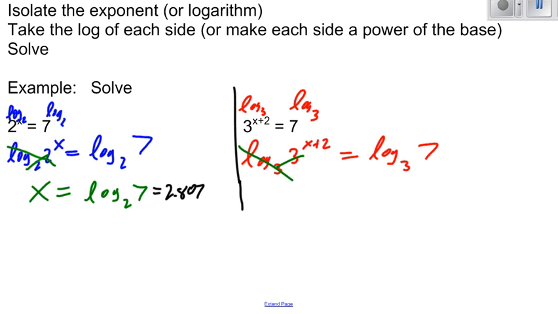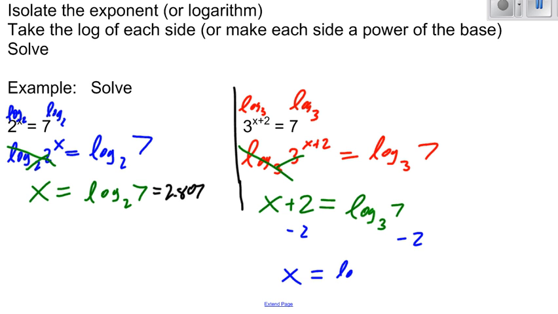Log base 3 and the base of 3 cancel out, so we're left with x plus 2 equals log base 3 of 7. And then to solve it, you would just subtract 2. So x equals log base 3 of 7 minus 2.